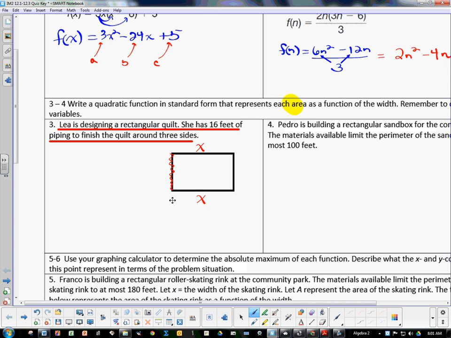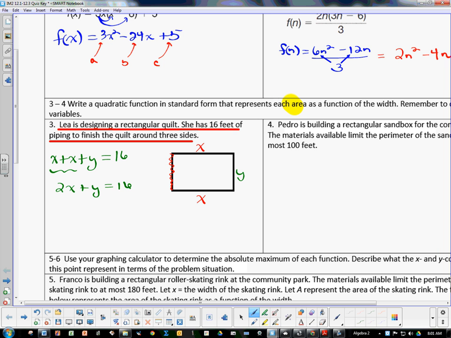Well, one way to do this. Now, there are several ways to do this. You could call this y. And now, x plus y has to add up to 16. I'm going to simplify this a little bit. I have x and x right here. That becomes 2x plus y is equal to 16.